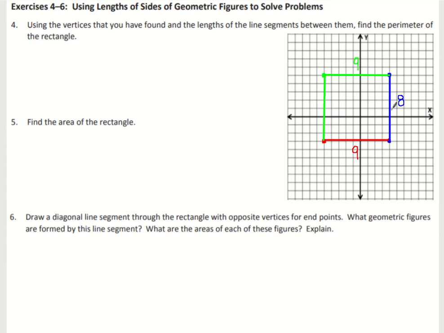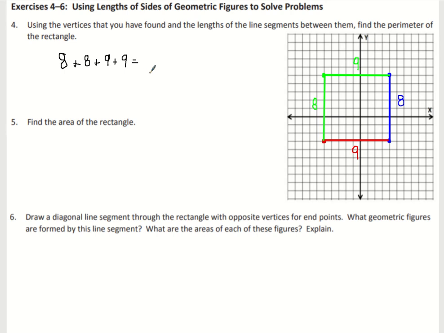If this side is 8, then what's opposite also has to be 8. So we can now add these together. I've got 8 plus 9 plus 8 plus 9, or 8 plus 8 plus 9 plus 9. It's going to give us the same thing in the end.